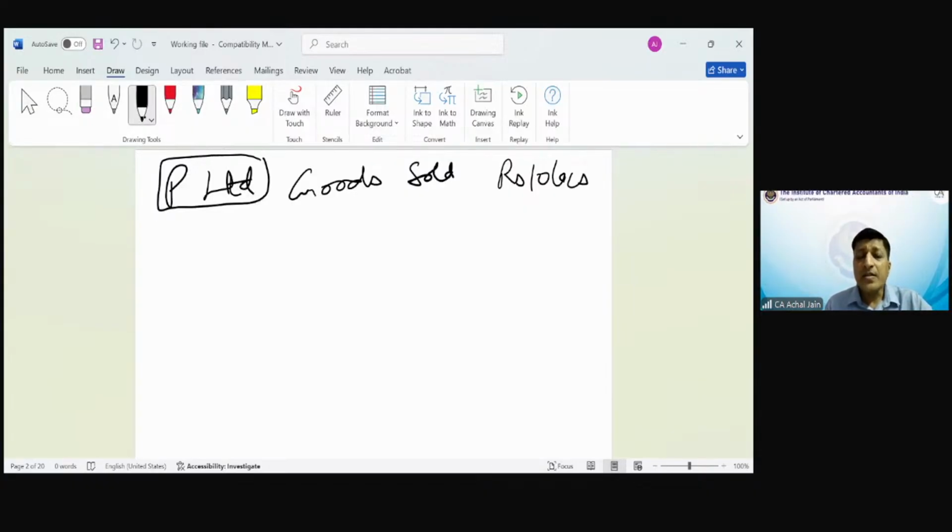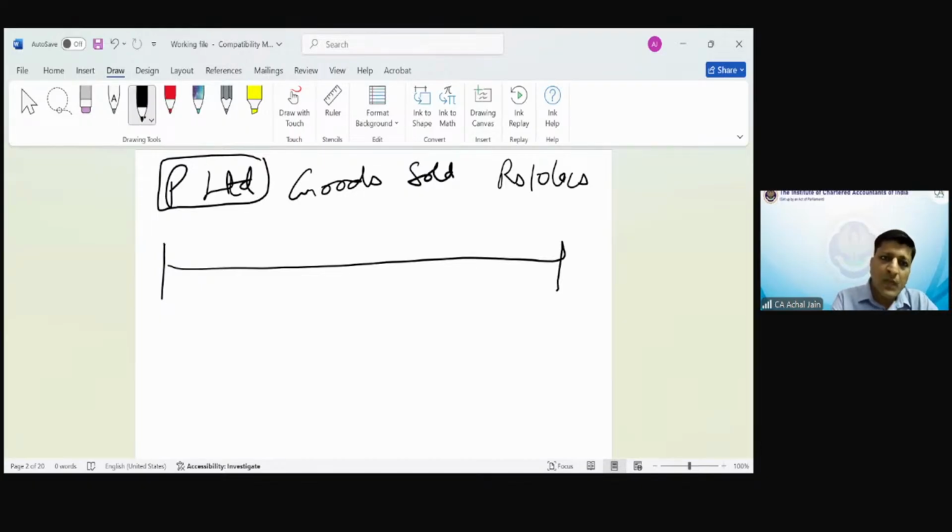So in that case, there's a term which is attached in the sales agreement. Now, what is the term which is attached in the sales agreement? That from the date of sale of goods, for the next 3 years, if there is any problem, if there is any sort of repair, etc., which is required in respect of goods sold, P will make good such.